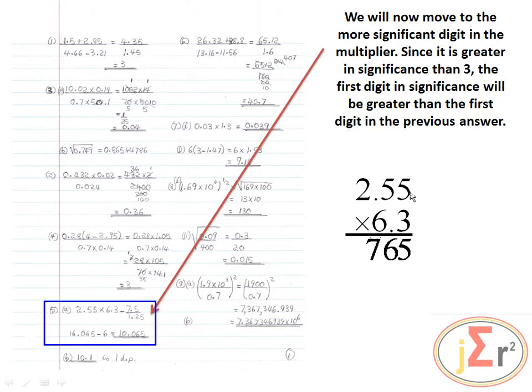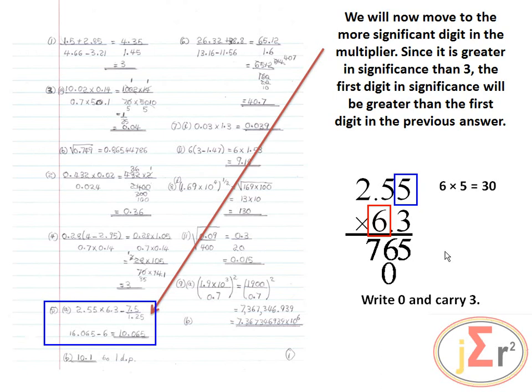So if we say 6 5s, 30, what do we do? Write 0 and carry 3, but the 0 will be placed under the 6, showing that the first digit in the answer is greater in significance than the first digit in the answer that we have here.